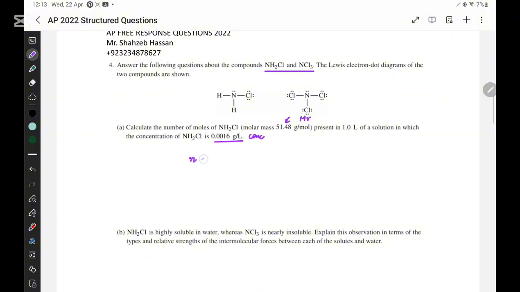If you want to find the number of moles, you are going to do concentration divided by molar mass. Concentration is 0.0016 gram per liter, and over it you are going to have the molar mass, which is 51.48 gram per mole. So that is going to become 3.1 times 10 to the power minus 5 moles.